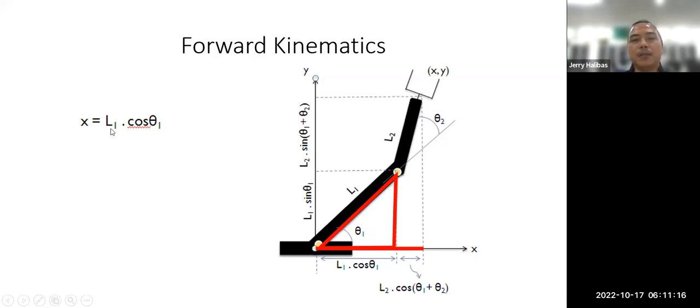For X prime, you solve first. Do you still remember your trigonometry? How do you solve for the length of this one, the adjacent? It's L1 cosine theta 1, because cosine is adjacent over hypotenuse.